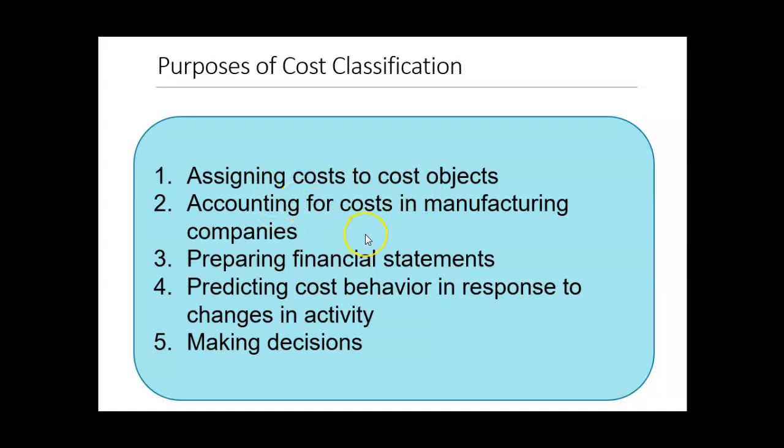How do you assign costs when you're making the actual product? We'll look at preparing different types of financial statements, predicting what we call cost behavior in response to changes in activity, as well as making decisions. So when you think about managerial accounting, think about information used to make decisions from an internal standpoint.